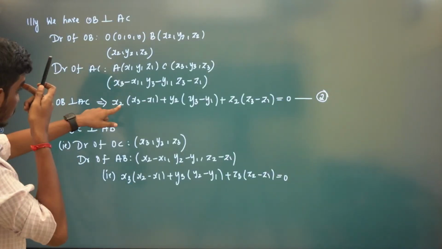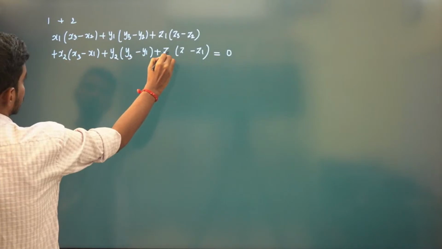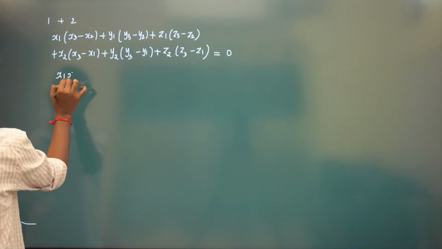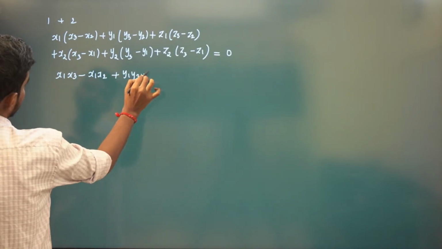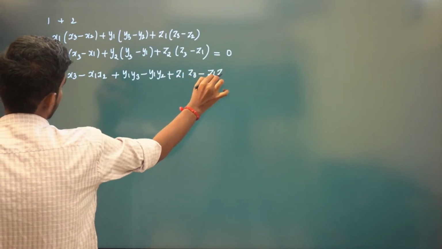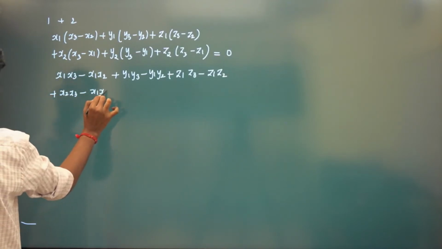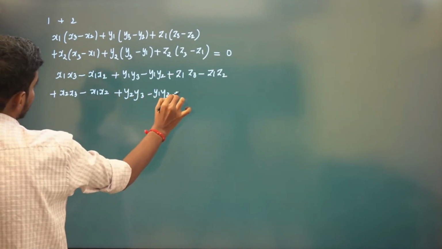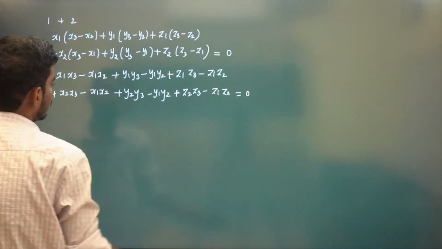So we multiply everything: x1 x3 minus x1 x2, y1 y3 minus y1 y2, z1 z3 minus z1 z2. And here we have x2 x3 minus x1 x2 plus y2 y3 minus y1 y2 plus z2 z3 minus z1 z2 is equal to 0.